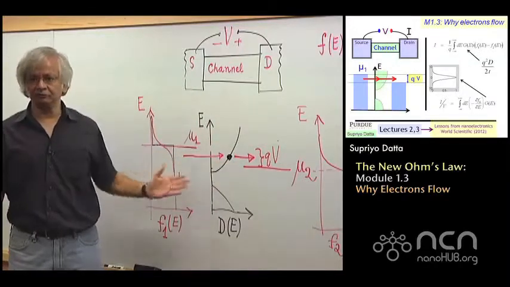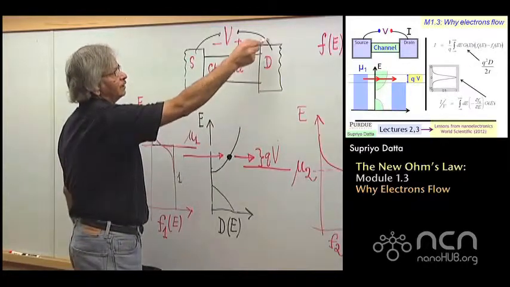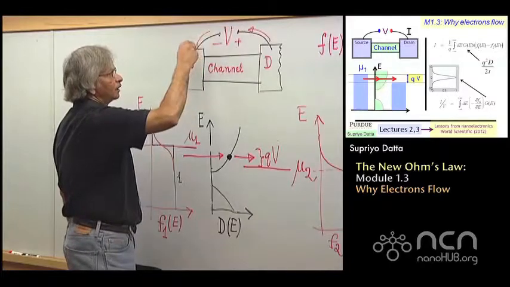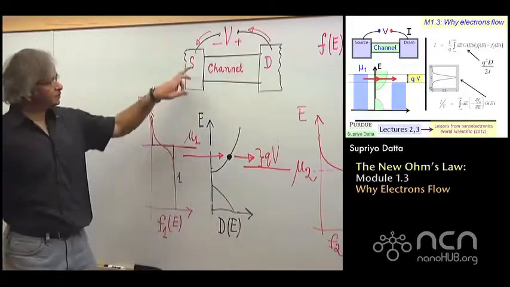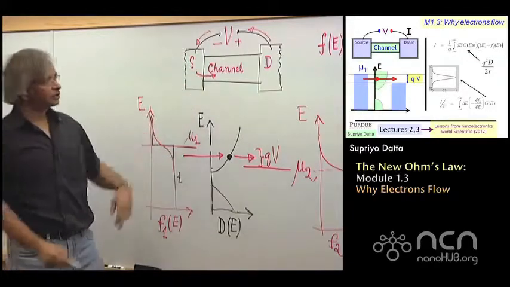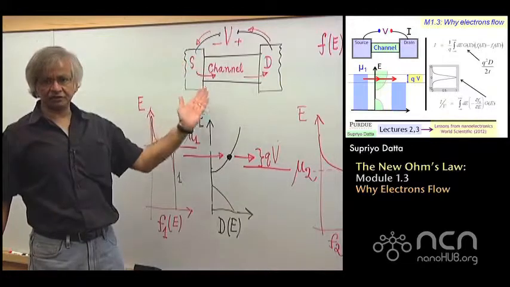That's why current keeps flowing: once an electron comes out here, it goes into the external lead, and a new one comes in from here to fill up. So electrons keep getting pumped into the channel from the source, get pulled out by the drain, and then flow in the external circuit.